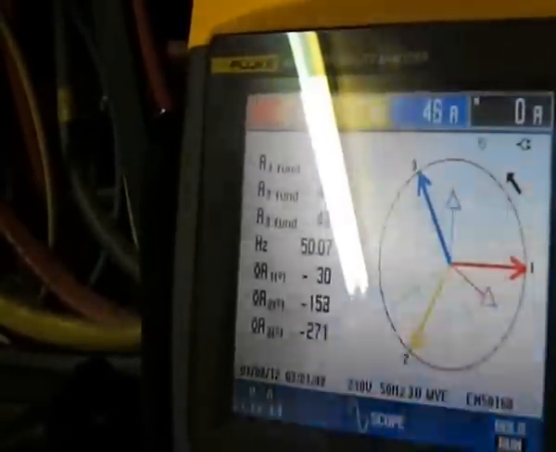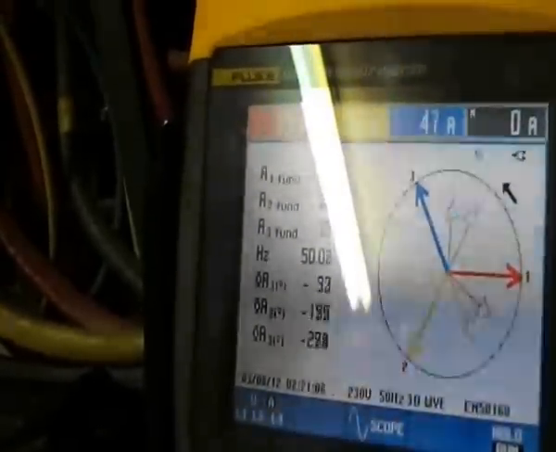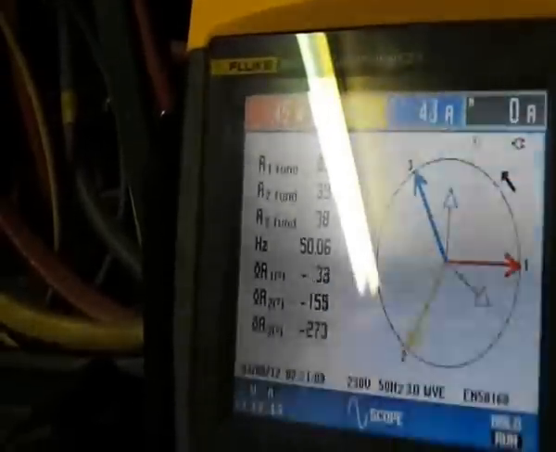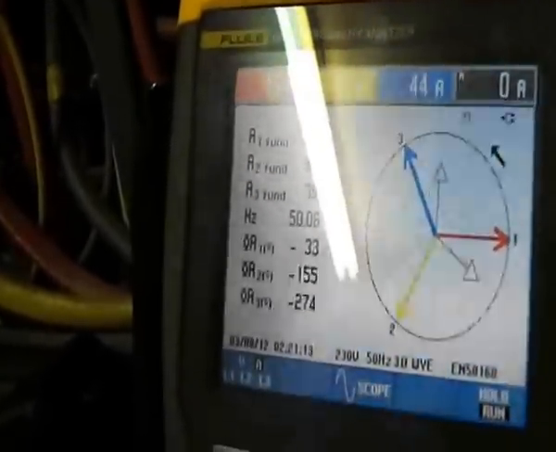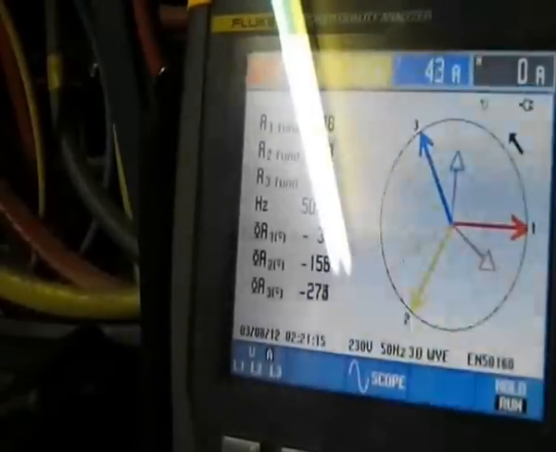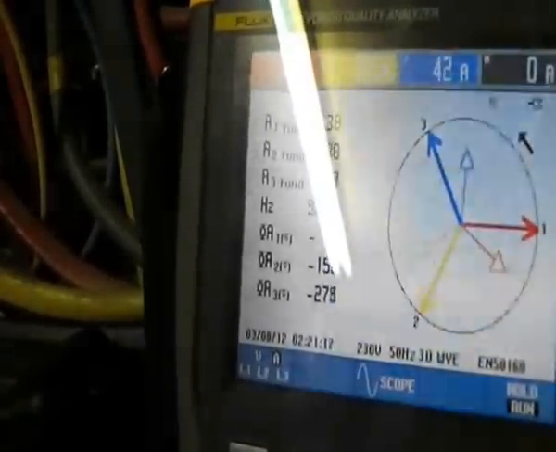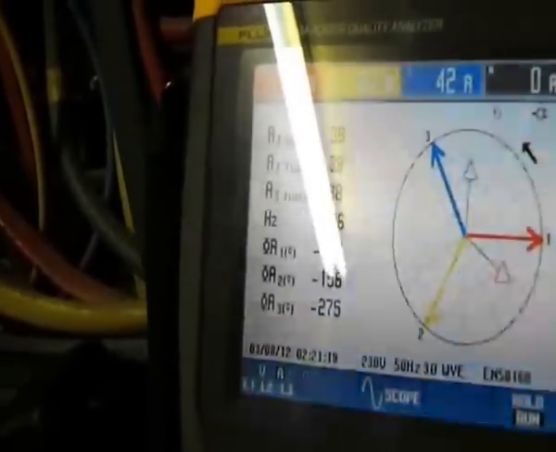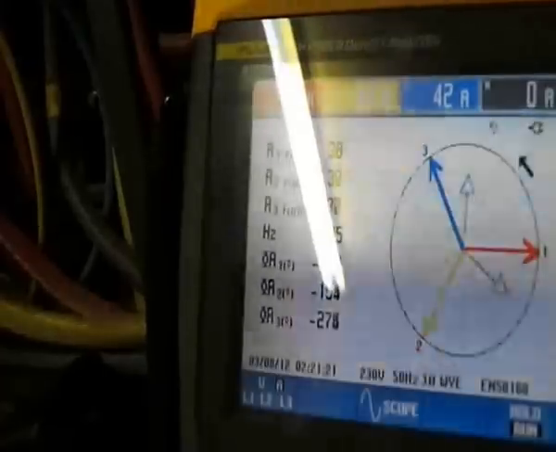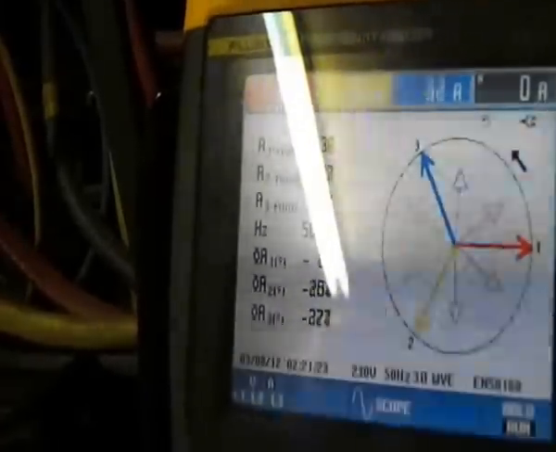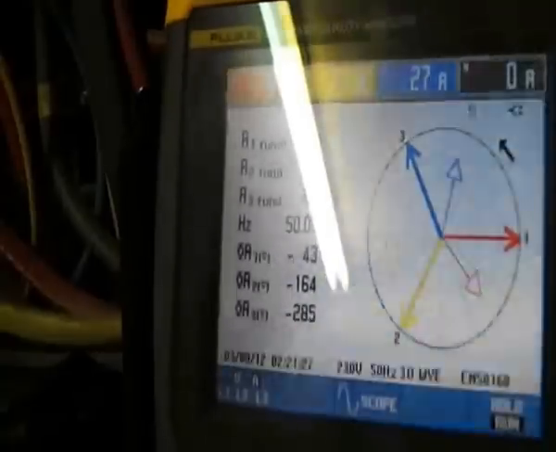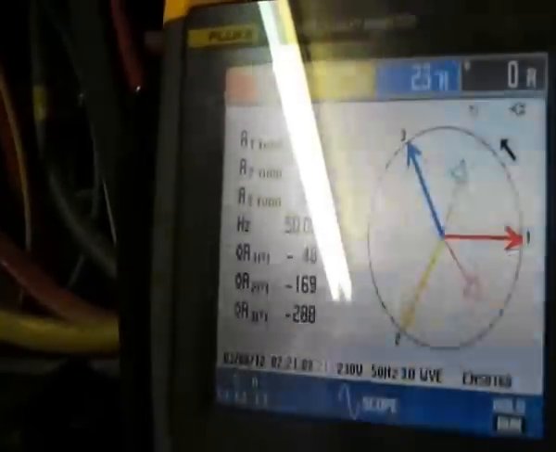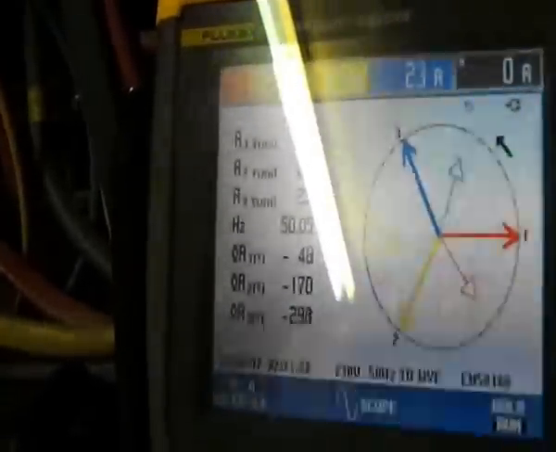As with all machines, if you start loading up the machine, the efficiency improves, and so will the power factor. On the left hand side is a continual digital indication of the line currents, and below that you've got the phase angles of the three phases, which are continually on the shift, as you can see.